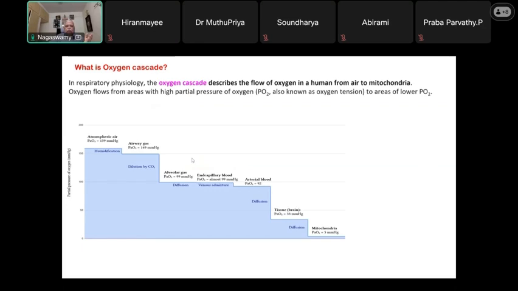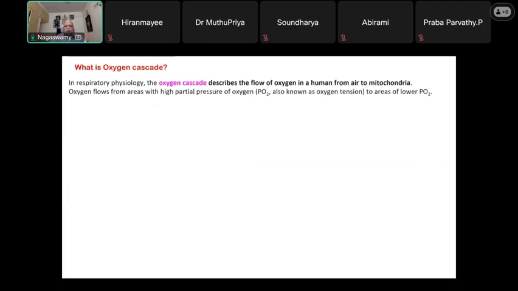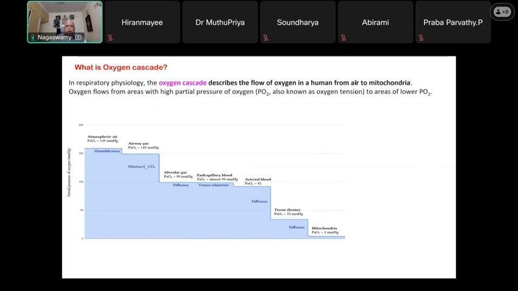In respiratory physiology, the oxygen cascade describes the flow of oxygen in a human from air to mitochondria, and oxygen flows from areas of higher partial pressure to lower partial pressure. So this picture tells you that in the atmosphere the partial pressure is 159. But when it comes to the alveoli, we have seen the alveolar gas equation.